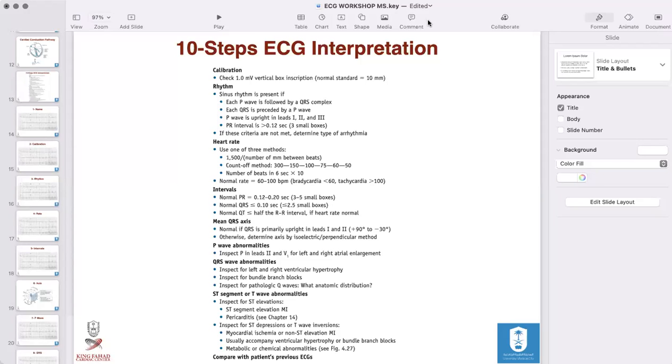For example, if a patient has baseline ST depression of about 2 millimeters, and it looks like horizontal ST depression, and then the patient comes in with chest pain, and you do the ECG, and it shows the ST actually normalizes.